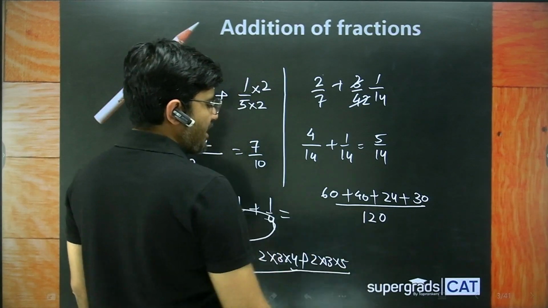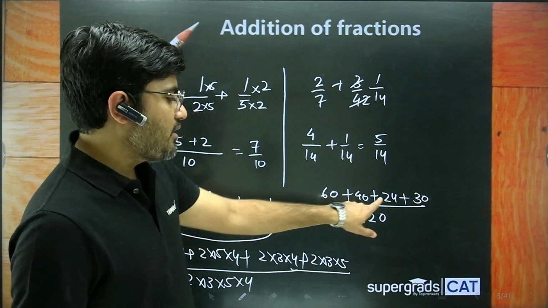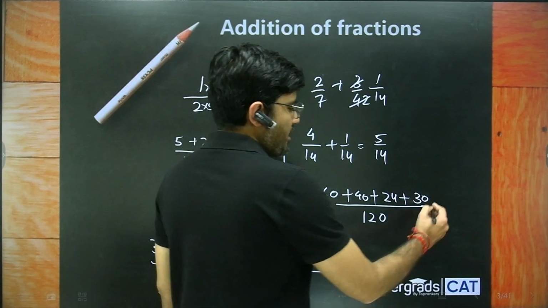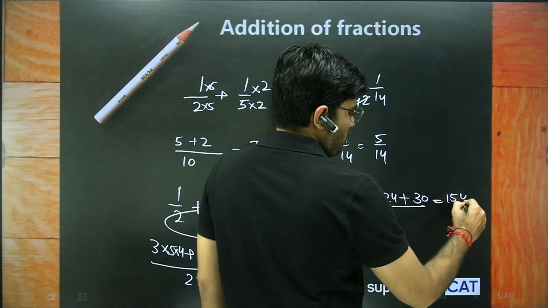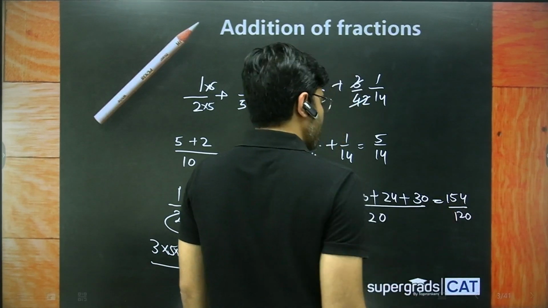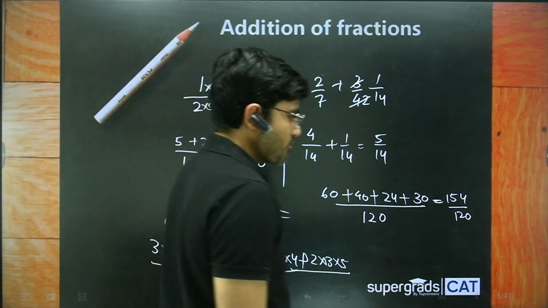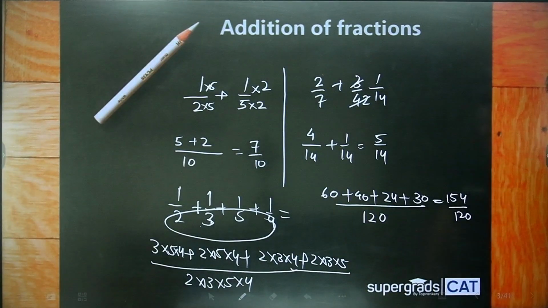And if I add them, 60 plus 40 is 100, 124 plus 30, 154 by 120, which we can divide further by 2, and we will get 77 upon 60.